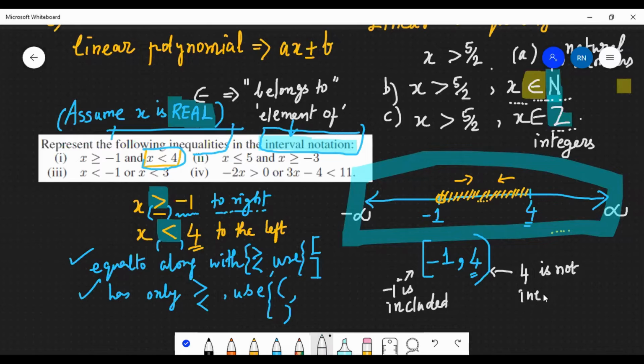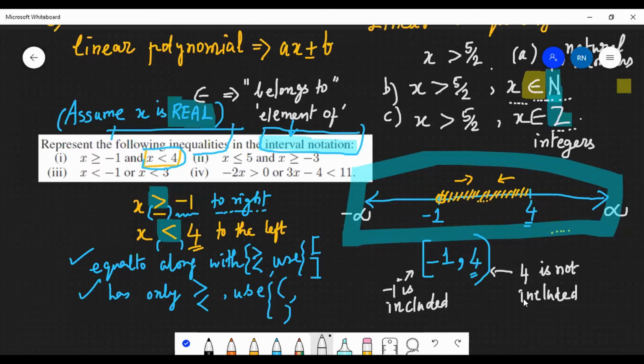So this should be clear to all of you. Okay. So we keep solving. As you keep solving the subdivisions 1, 2, 3, 4, you will become quite accustomed to presenting the answer in interval notation. Is that clear to you?